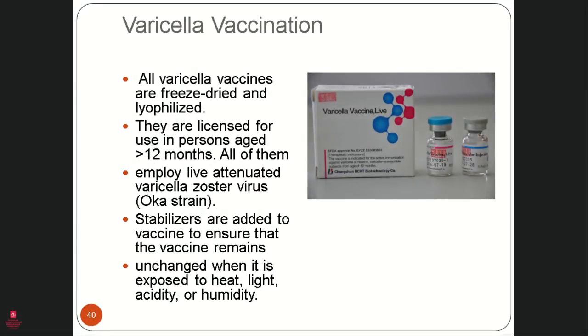Varicella vaccine consists of live attenuated Oka strain varicella virus. The vaccine is safe and highly immunogenic. A single dose provides protection to approximately 85% of recipients.